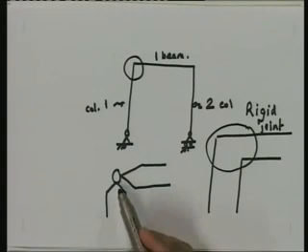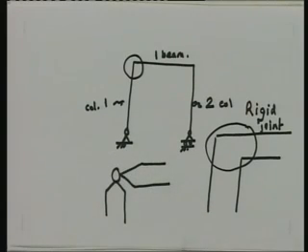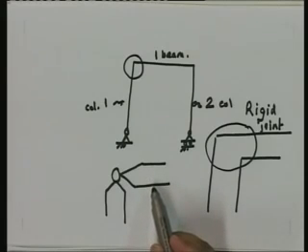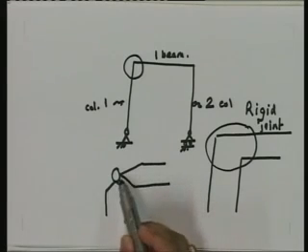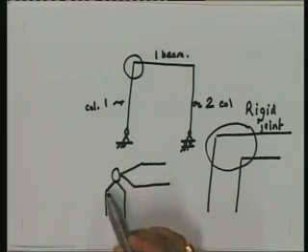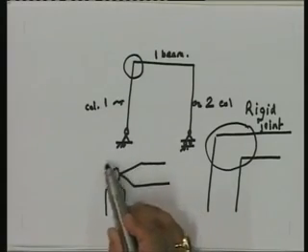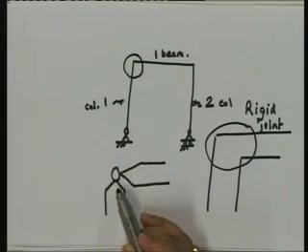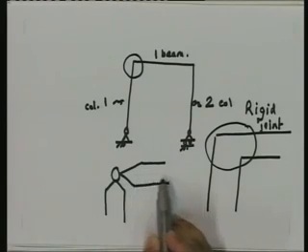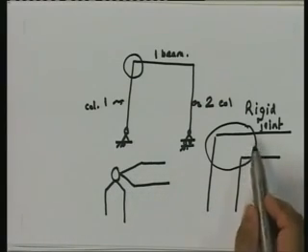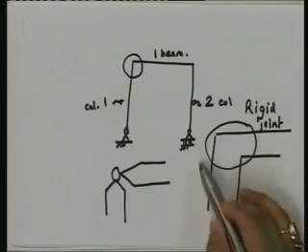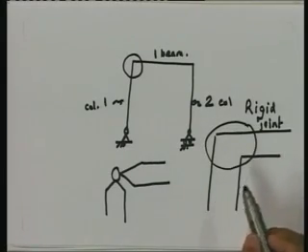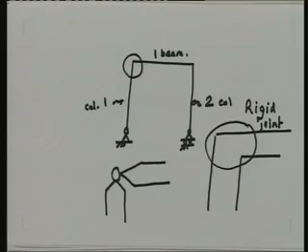This is a pin joint, and that is the reason why in a truss, since this joint cannot transfer any flexural forces, the members become axial members. Whereas in a plane frame, this joint is a rigid, continuous joint. And because of that, you can transfer both forces as well as moments at the joint.